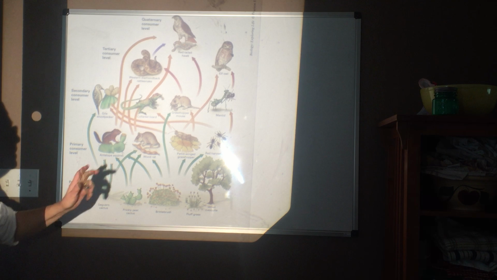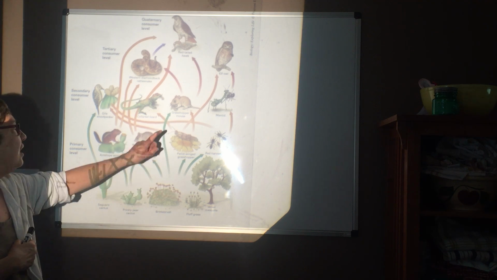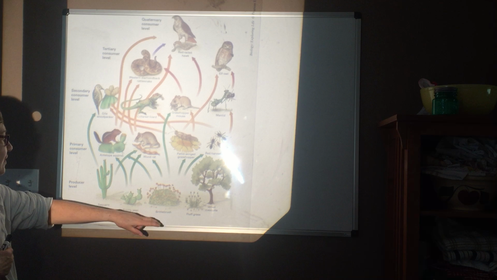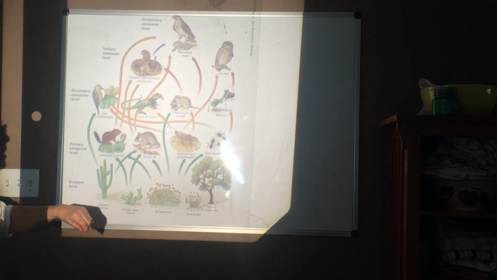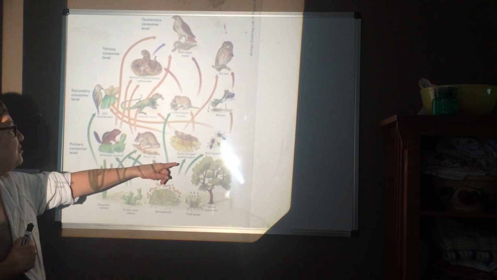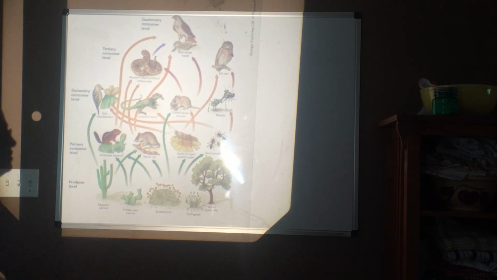For example, the grasshopper mouse, when it feeds on the herbaceous plants, it's considered a primary consumer, but it also feeds on grasshoppers, and so therefore we can put it into the secondary consumer level.